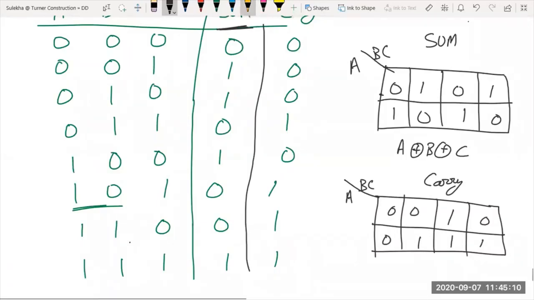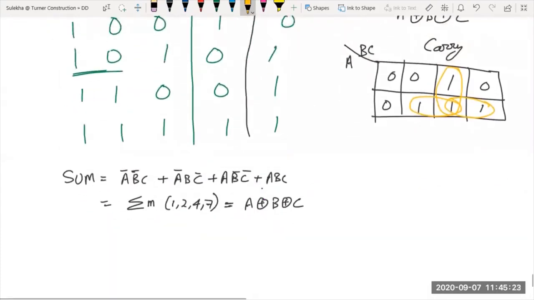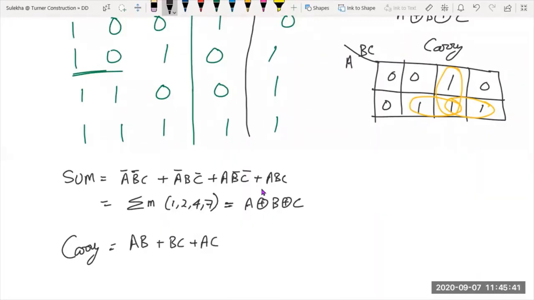Now you can pair up, like you can pair in this way and in this way. If you pair up in this way and write your expression for this carry, you can write it as AB plus BC plus AC. So you can write your expression in this way.